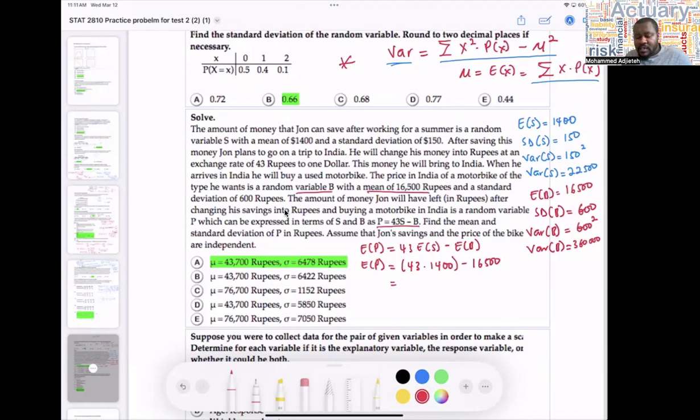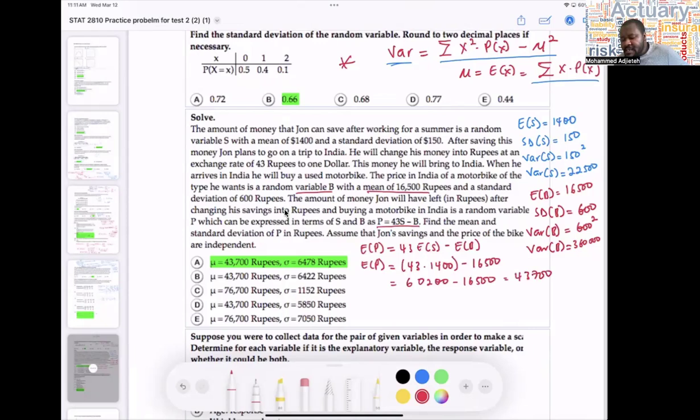When you use your calculator, you can do 43 times 1,400. That is 60,200, minus 16,500. So you can see the expectation is 43,700.